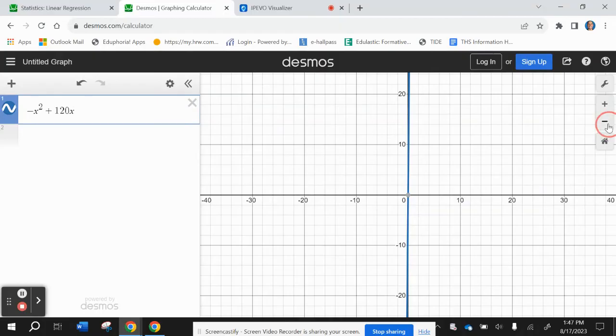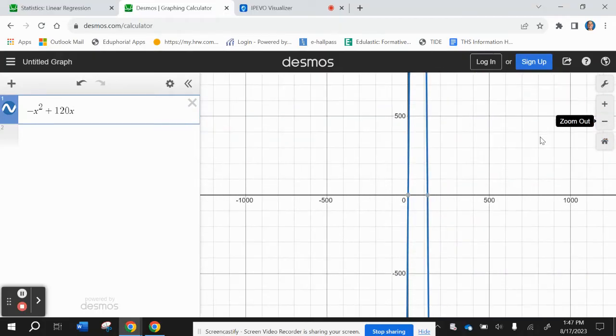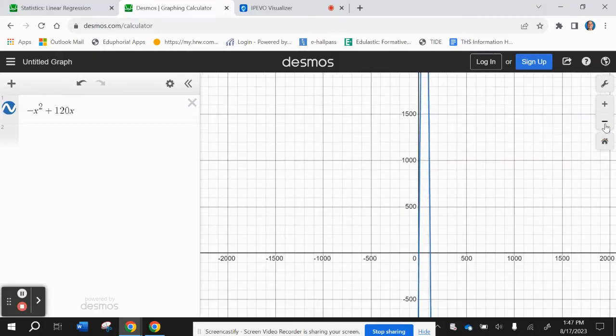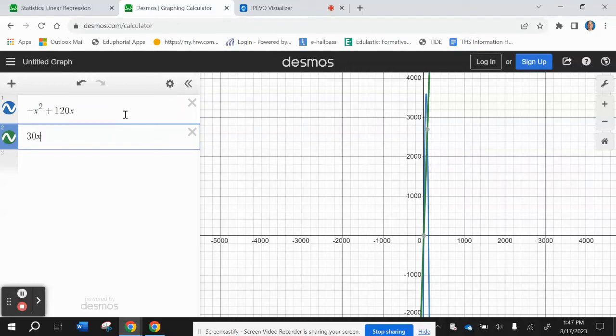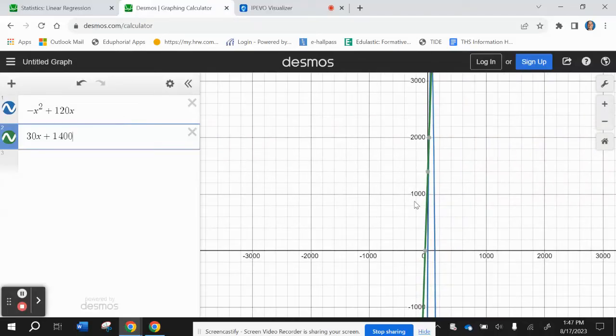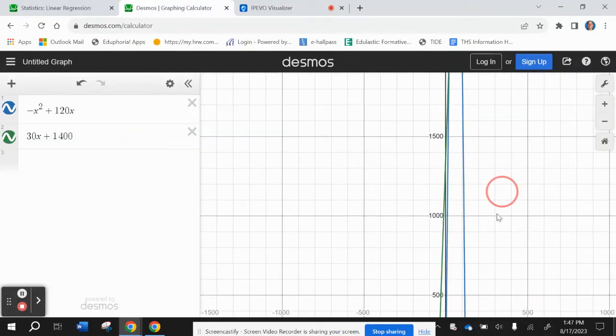And I'm going to zoom out so now we can see it. It's a pretty big graph. Okay. And then we have 30x plus 1,400. Okay. And you're going to zoom in. You want to go back and zoom in to find the points of intersection.